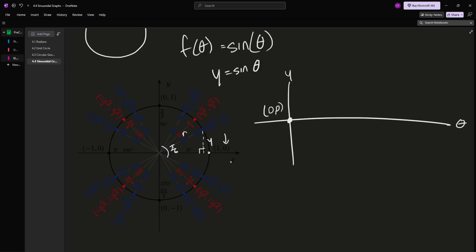And we're going to do every other angle. We do 0, pi over 4, pi over 2. We do steps of pi over 4. 0, 0 is my first point. Next up, at pi over 4, I see my y value is root 2 over 2.